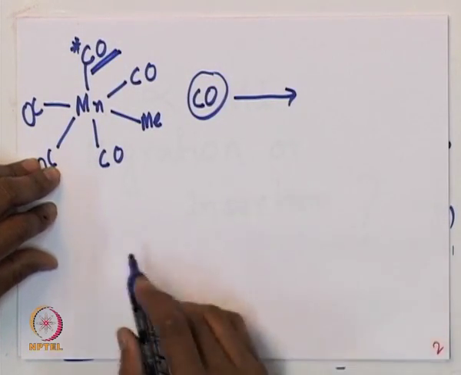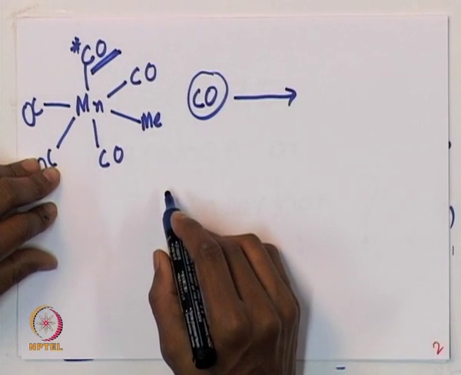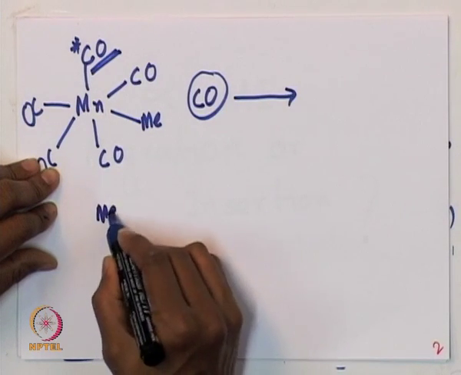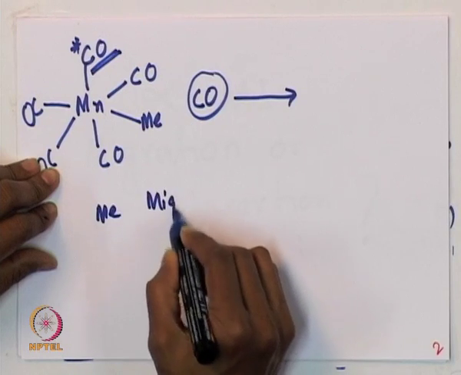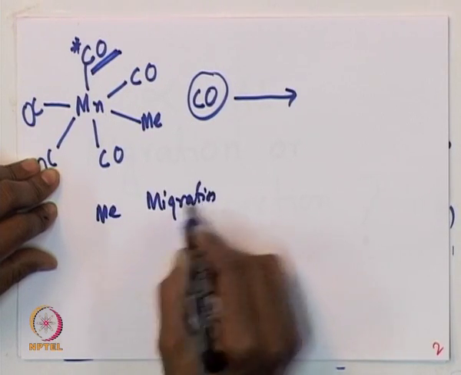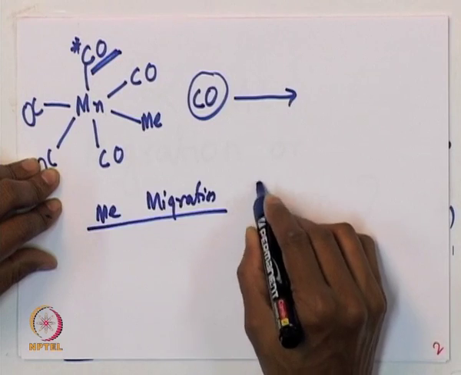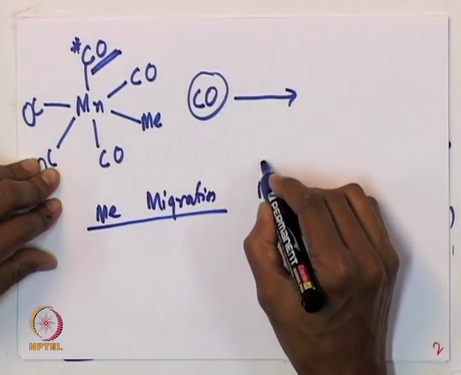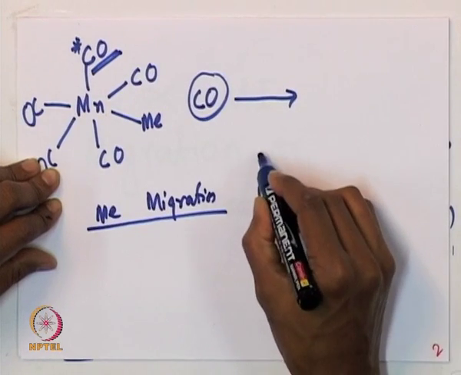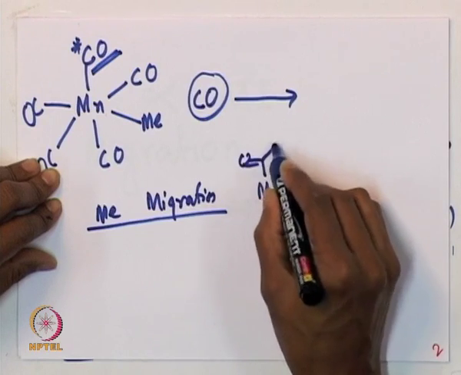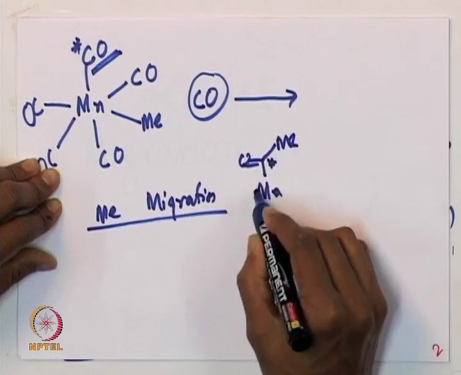So, if it is a methyl migration, then the product you are going to get is, this is a manganese one anyway, COMe with a star in there.